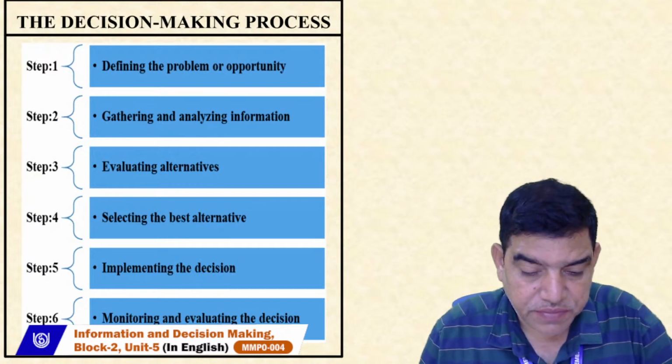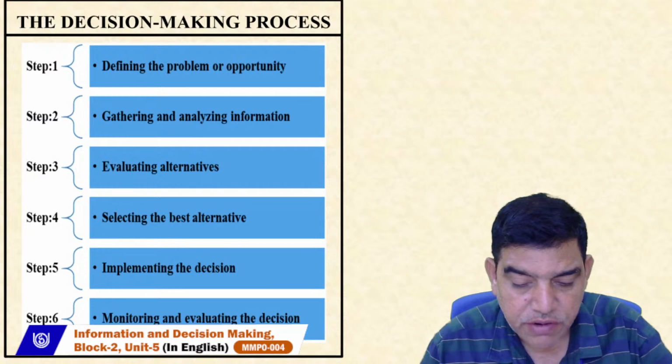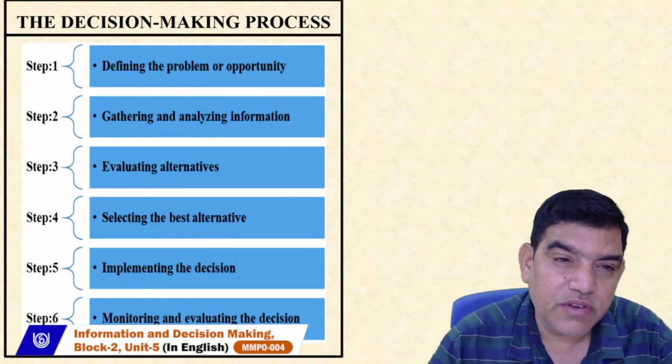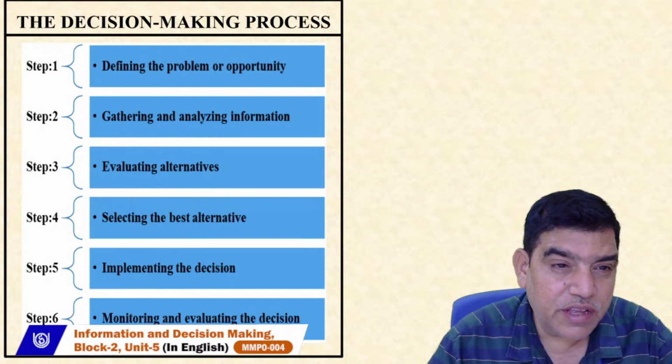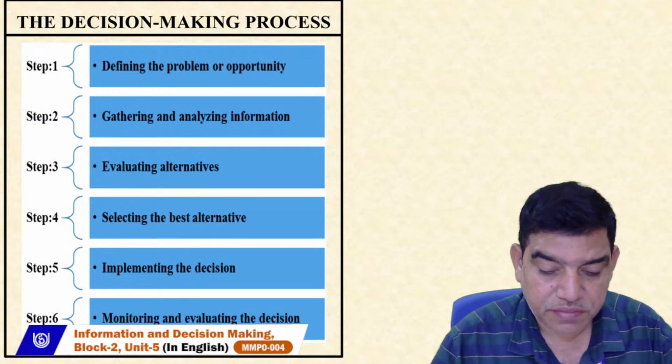Evaluating alternatives. After gathering information, the next step is to evaluate various options or solutions to the problem. If a problem is there, definitely there must be many solutions. So here, in evaluating alternatives, we can choose a better solution.